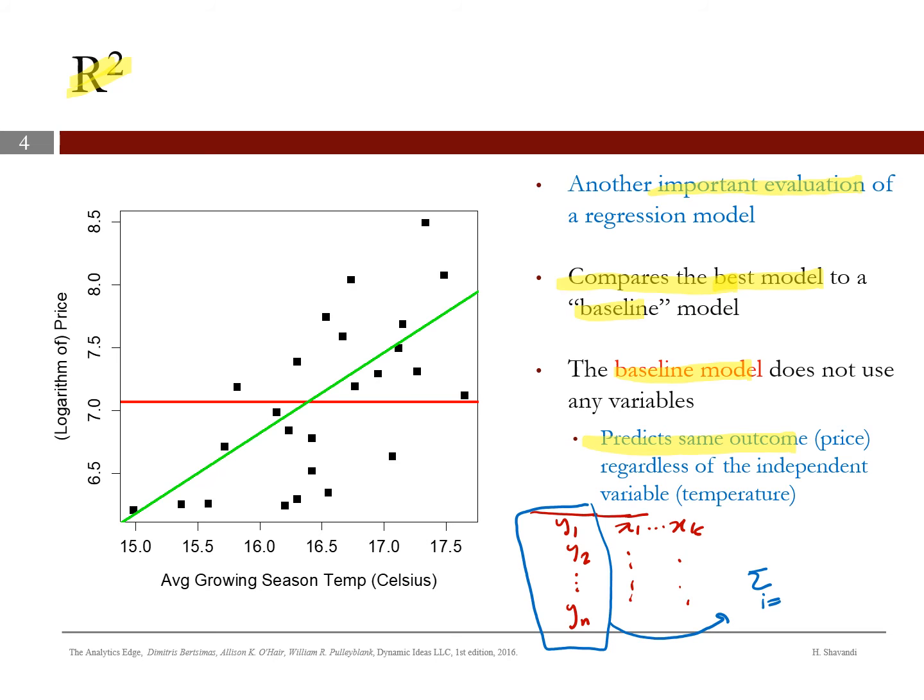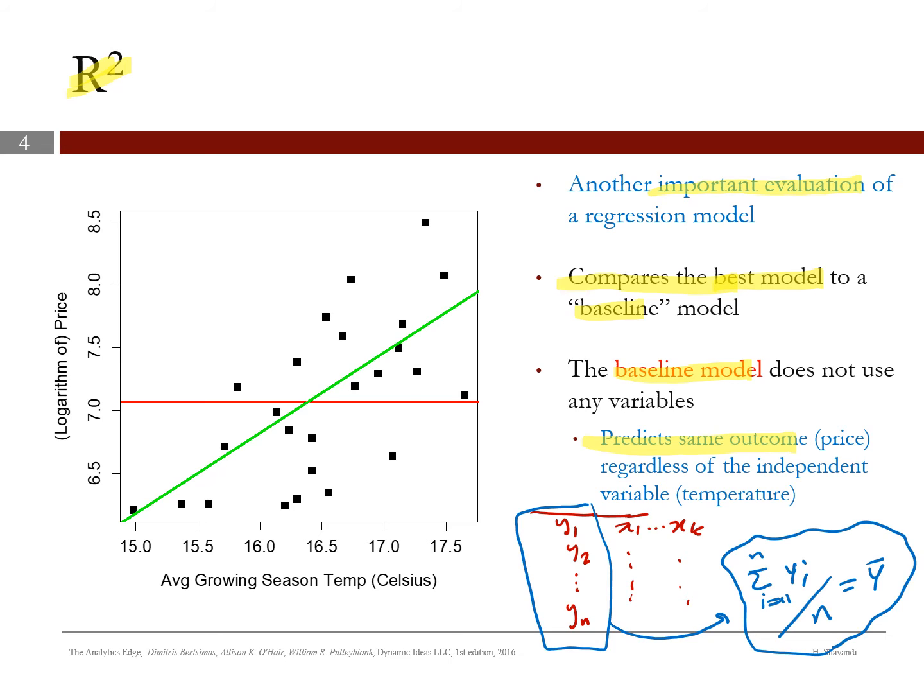Just sum over i going from 1 to n of yi divided by n, so y bar. So here the y bar will be our baseline model. So we predict the same value for all observations. So y bar, the mean of the outcomes, will be our baseline model.